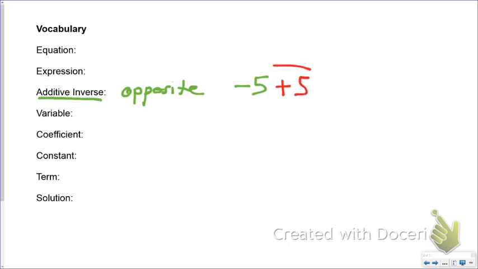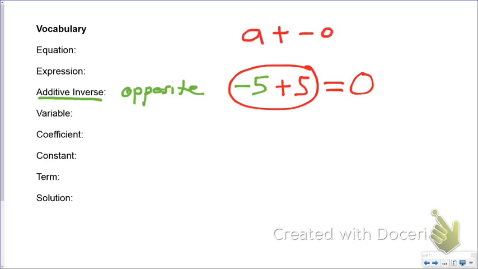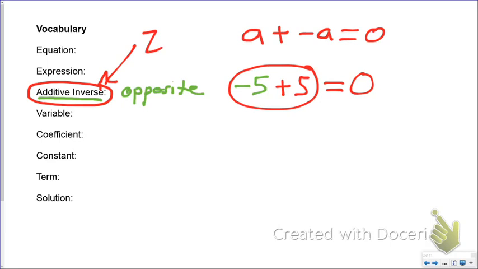If I do a number plus its opposite, I will always get a 0 pair. So I always get 0. That's a 0 pair. So any number a plus its opposite will always equal 0. So additive inverse, 0 pair, that's important to understand.